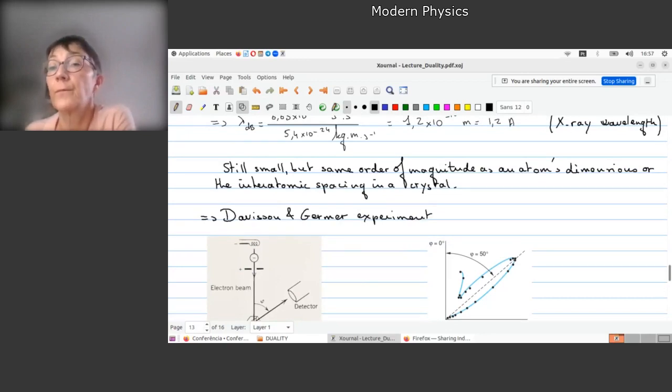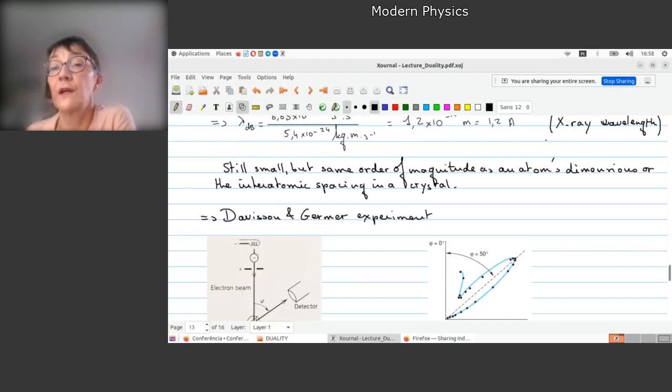When we saw the diffraction of X-rays, do you remember? I will remember it here. This was diffraction of X-rays by a metallic crystal. We saw it when we were going to study the Compton effect, and the Compton effect uses this kind of electromagnetic waves.